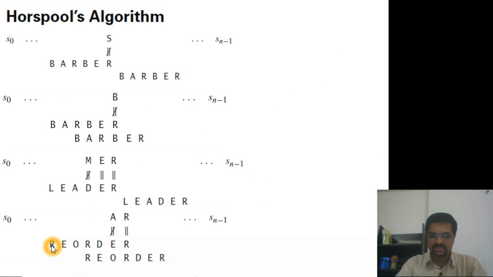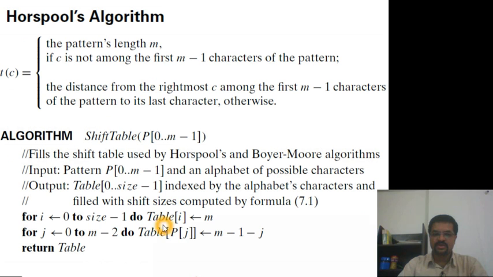So we'll start with 6 as the shift value for R, even though eventually it will be 3 because R is present here. So it's going to be 6 for R, 5 for E, then 4 for O, and then R is re-updated as 3, and D would be 2, and then E would be updated from 5 to 1. So that's how we are going to create the whole shift table, right?